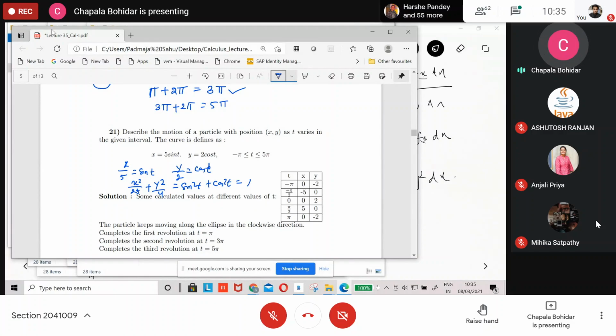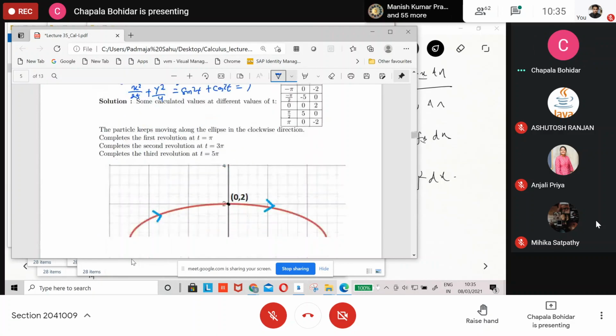So it is the equation of an ellipse. That ellipse completes its first revolution at t is equal to pi, its second revolution at t is equal to 3 pi, and its third revolution at t is equal to 5 pi. Clear?